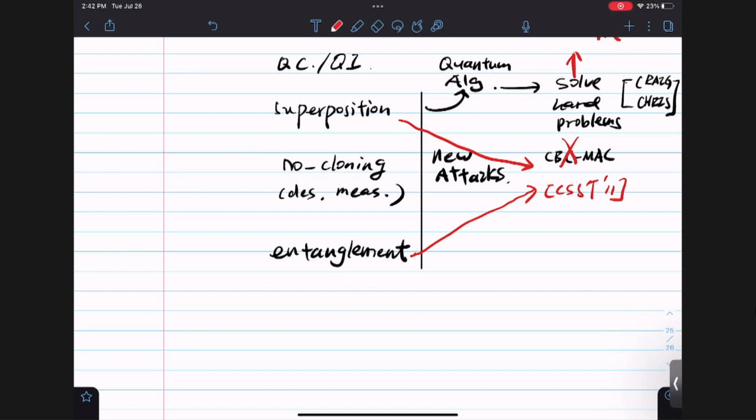So entanglement can also be a resource for attackers. And then we just mentioned the no-cloning feature, and this is problematic when the algorithm has some quantum side information.